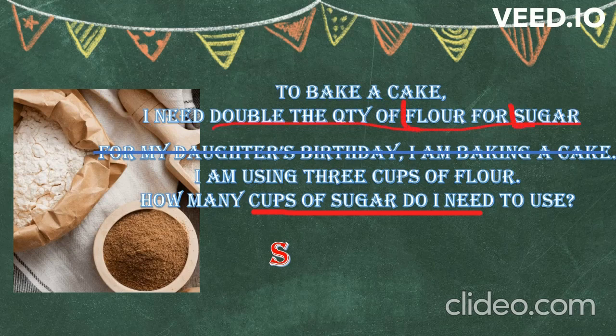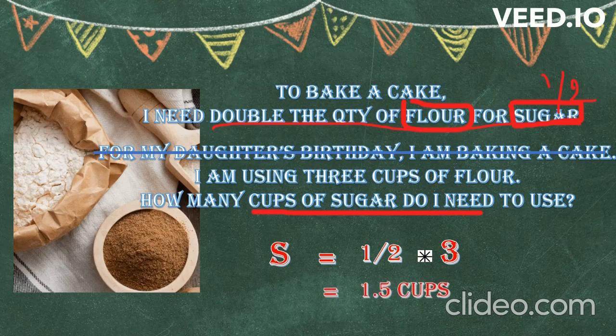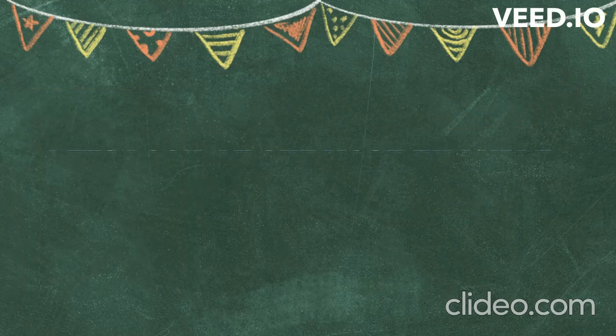The flour for sugar ratio is 2:1, which means the sugar is half the quantity of flour, right? So that's what we are writing here. It's half the quantity of flour because they have taken 3 cups of flour, which comes to 1.5 cups.